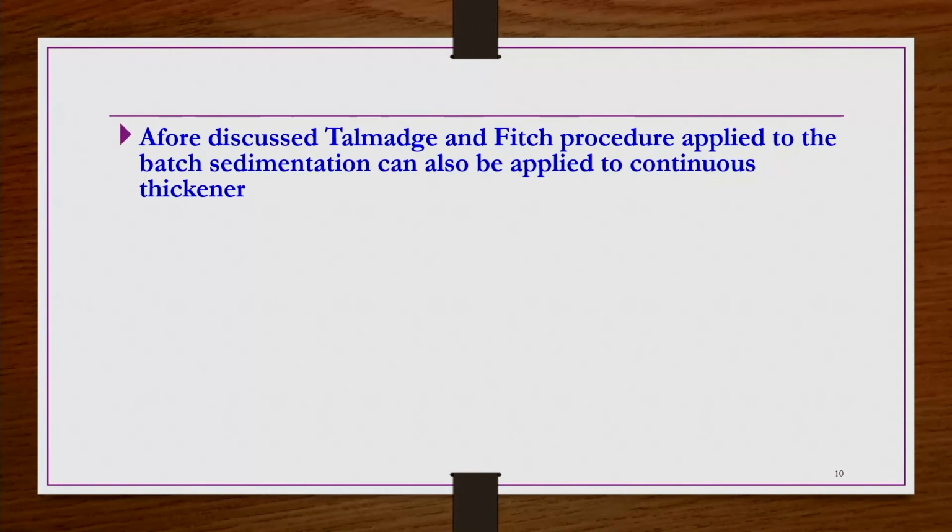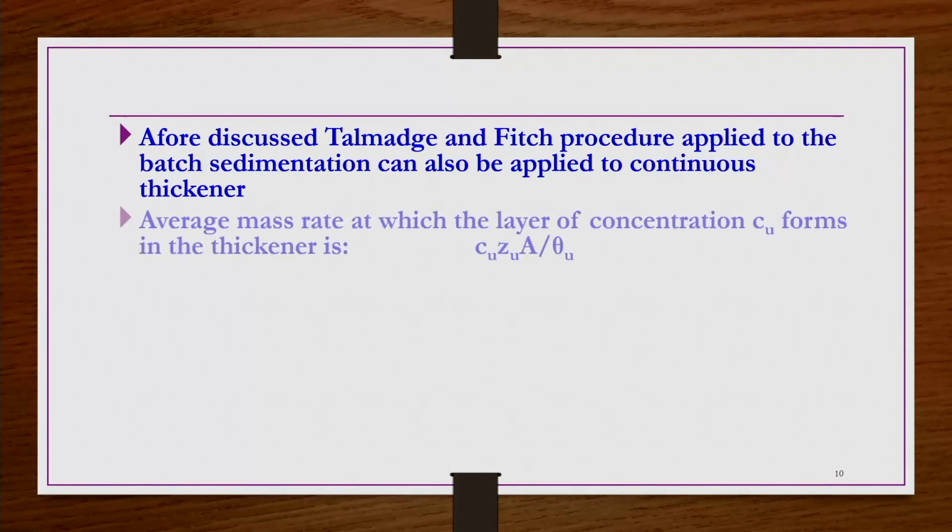Whatever process we are doing here is for a batch sedimentation test, so the information we are getting is from the batch sedimentation test only. However, this procedure can also be applied to a continuous thickener, according to the researchers who developed this method. The average mass rate at which the layer of concentration Cu forms in the thickener is nothing but Cu Zu A by theta u.